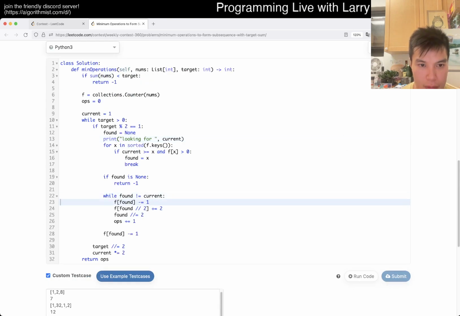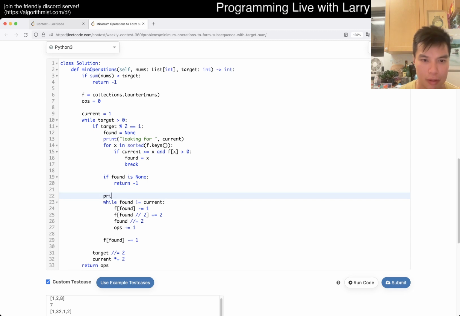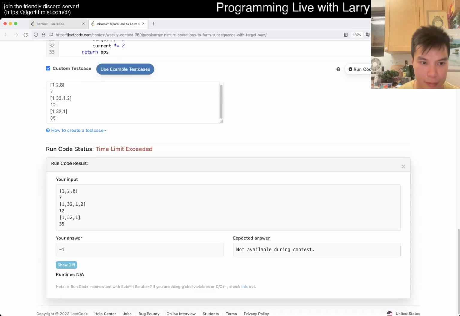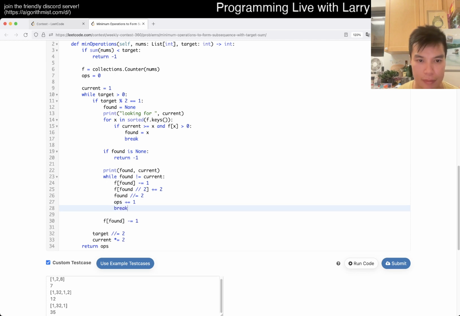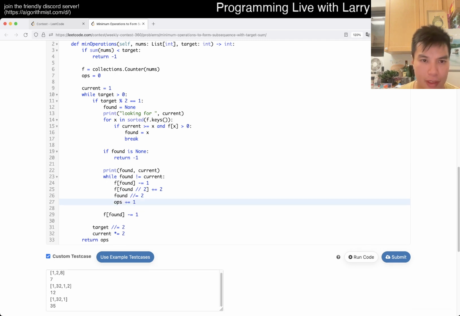Okay, fine. Current is, oh, this is greater than x, not found. Wait, no, it's current, but what are you doing? All right, 8 minutes. Why is that overlooping?